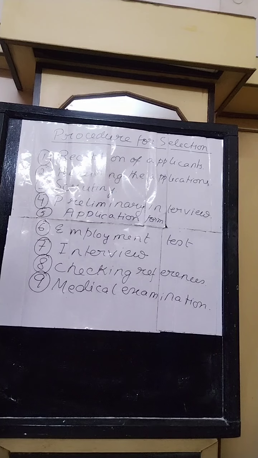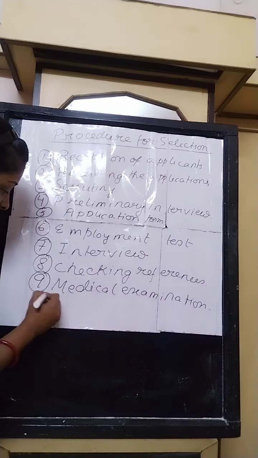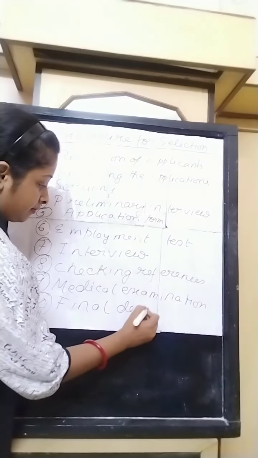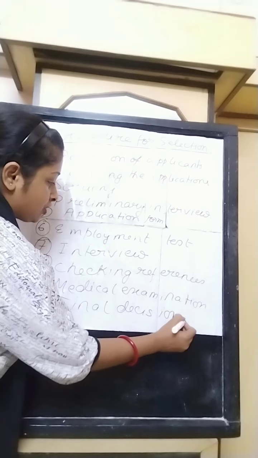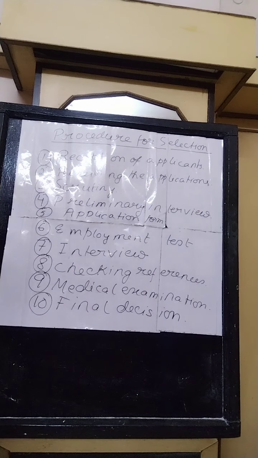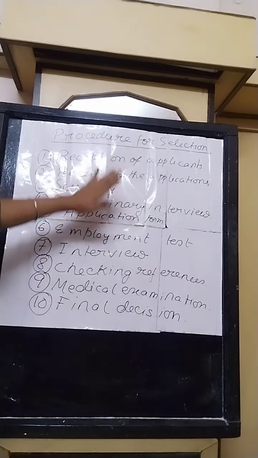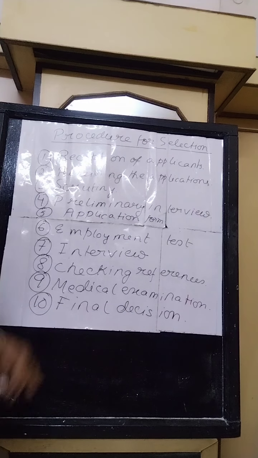Now comes the final selection decision. This is the last step, the tenth step: the final decision is taken. After completing all the above mentioned stages involved in the selection process, successful candidates are finally selected.